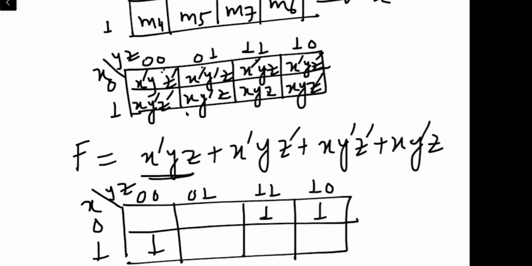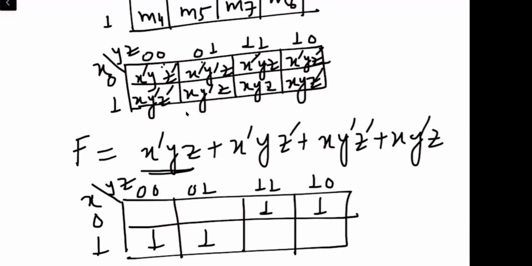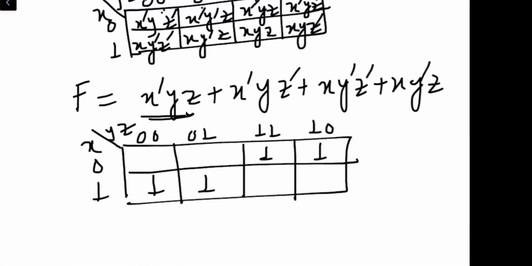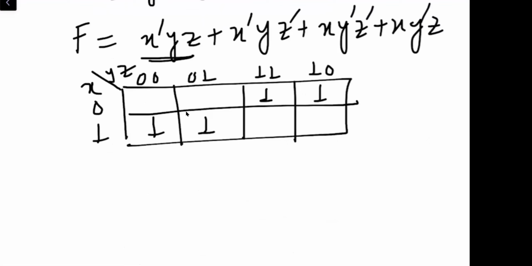Then the next one is x, y complement and z, which is representing m of 5 over here, right? So what we see, we have labeled the respective minterms in the K-map, right?